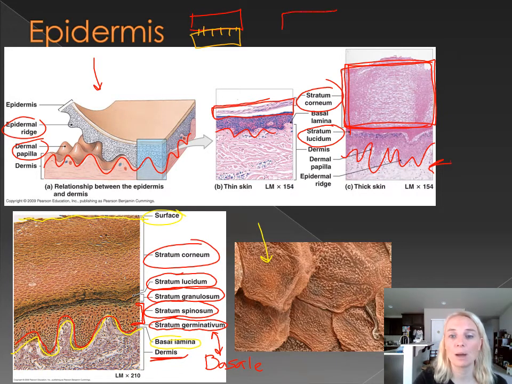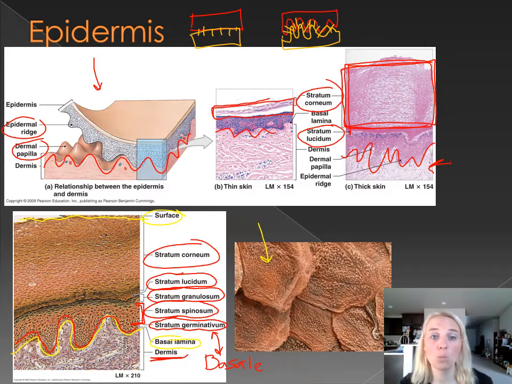But if we had our epidermis like this, stuck to our dermis underneath, where we followed all of those boundaries, we've just increased the surface area, allowing for way more connections.